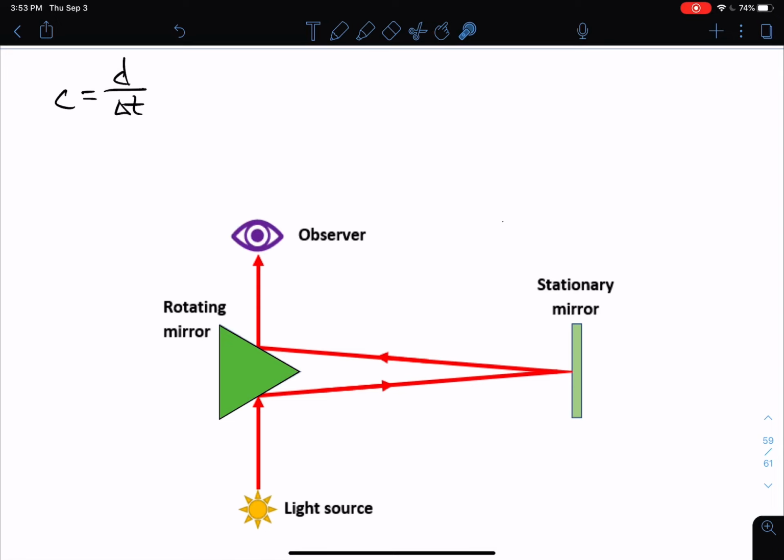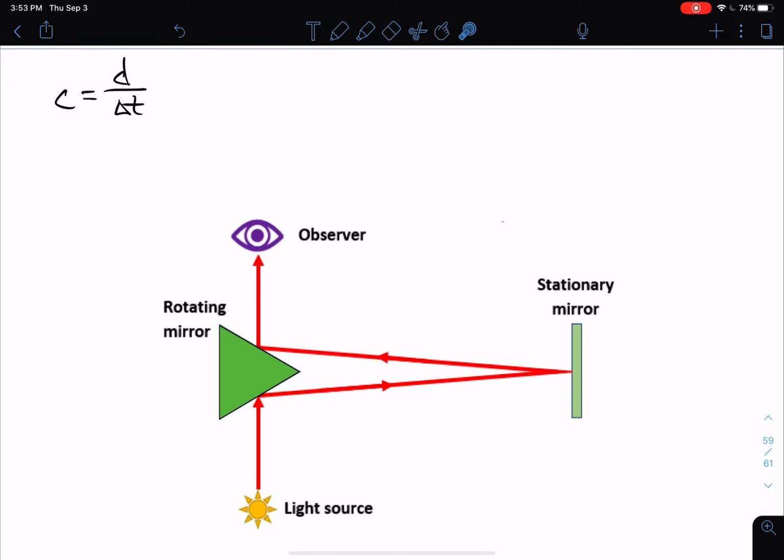What Michelson did to make this really ingenious and to make it work is he rotated the mirror. If the mirror is rotating, most of the time it will be out of alignment. That is, the light will come in and this mirror won't be at the correct angle. So it'll bounce off the mirror, but it won't go straight to this point on the stationary mirror.